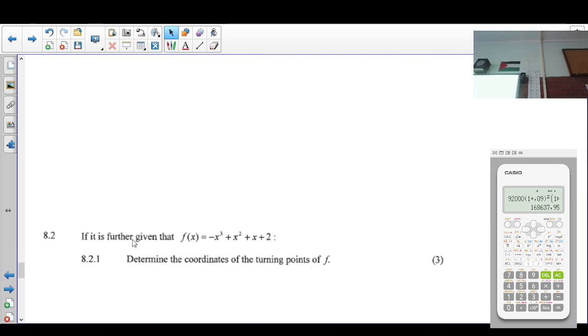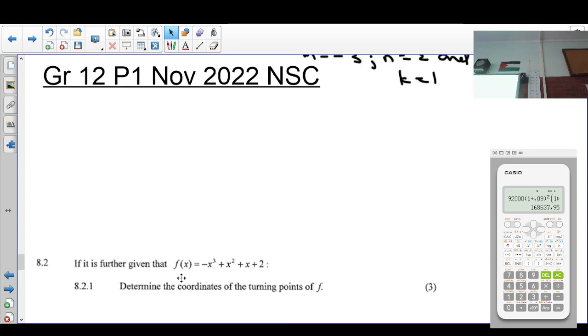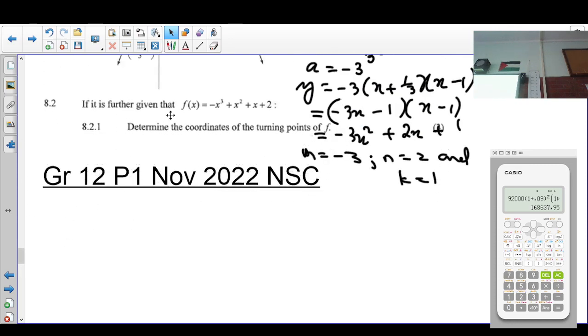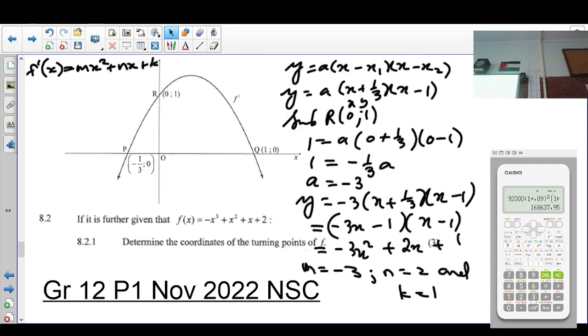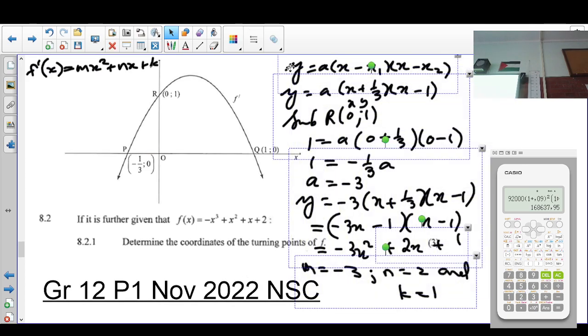Let's look at 8.2. We just write the equation here.